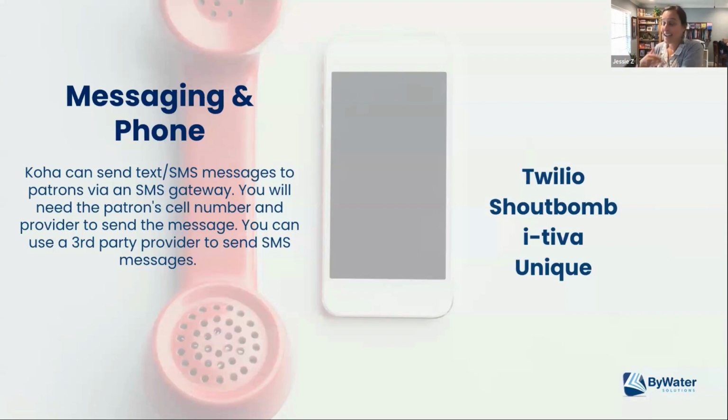Whether it's a notification to let them know that a hold is available for pickup, or that an item is due back at the library, Koha integrates seamlessly with Twilio, Shoutbomb, Itiva, and or Unique to get that message directly to your patrons.